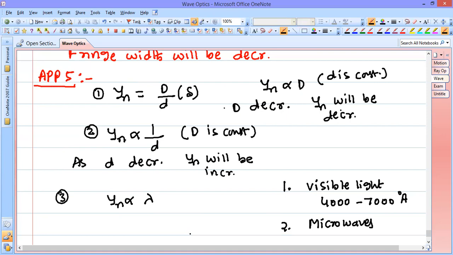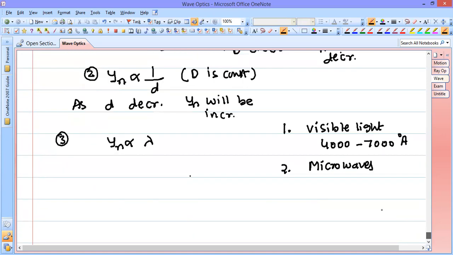Okay, it is less wavelength. Now, here lambda must be much smaller than the distance between the slits.